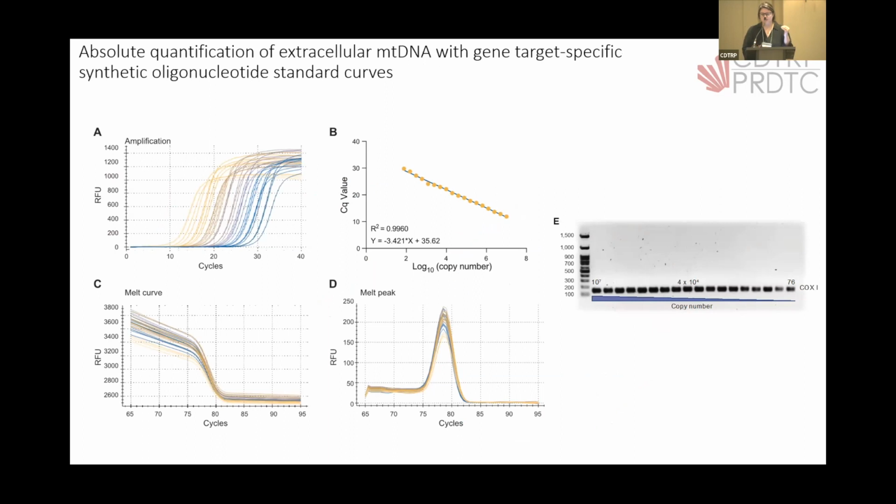By serially diluting it, you can have a standard curve that's specific to the primer pair that you're looking at. You send them the sequence of your target amplicon, and then they send you back the double strand of DNA, and it's very, very cheap. And you have batch to batch consistency in your standard curve.